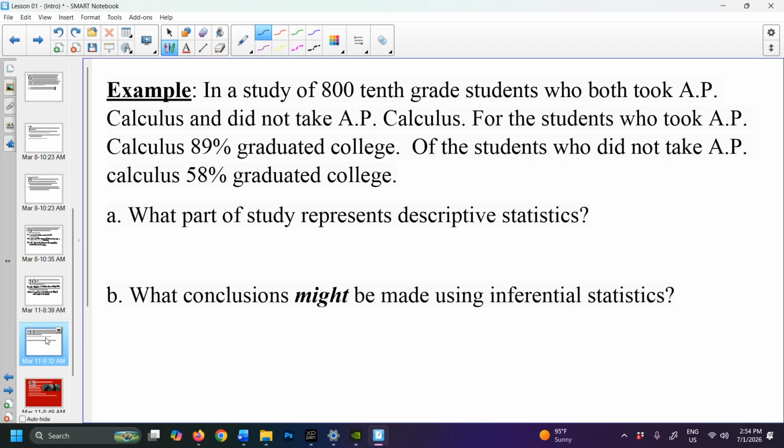All right. Example. In a study of 800 10th grade students who both took AP Calculus and did not take AP Calculus, for the students who took AP Calculus, 89% graduated college. Of the students who did not take AP Calculus, 58% graduated college. What part of the study represents descriptive statistics? The study included 800 students.